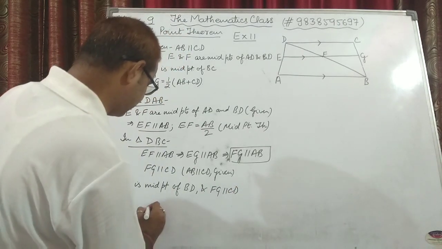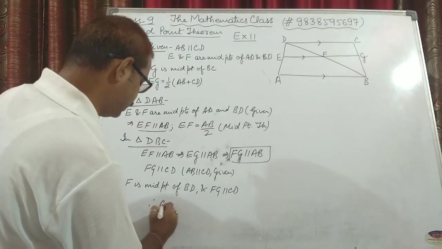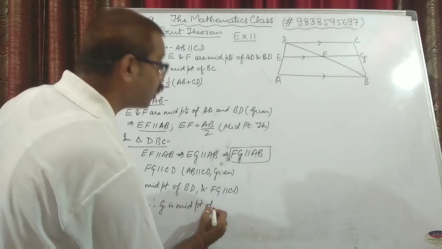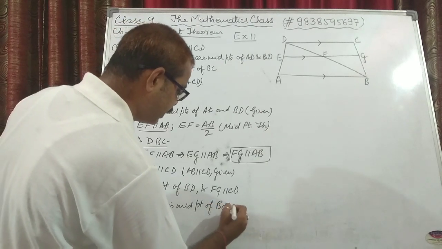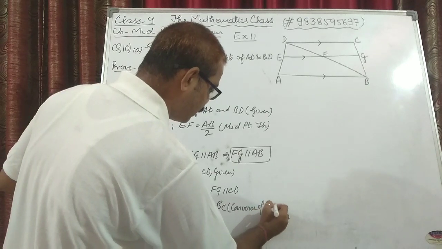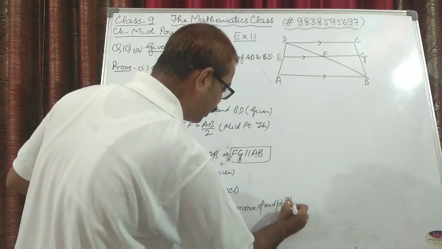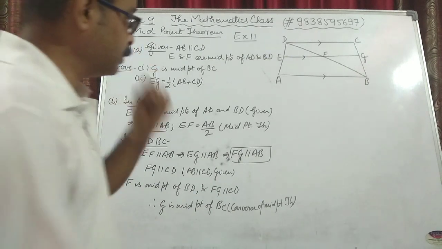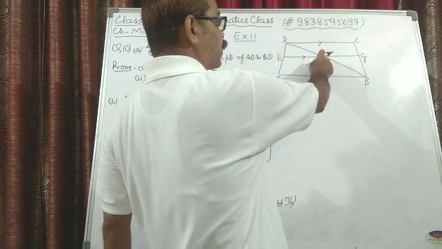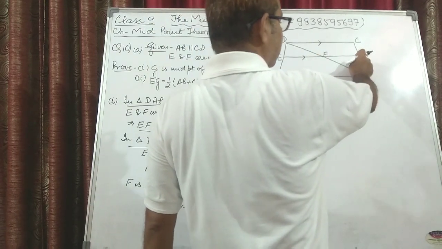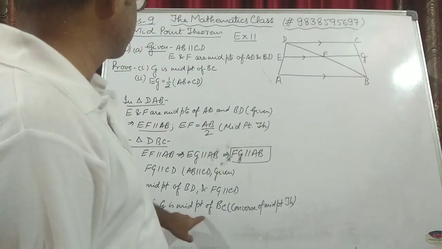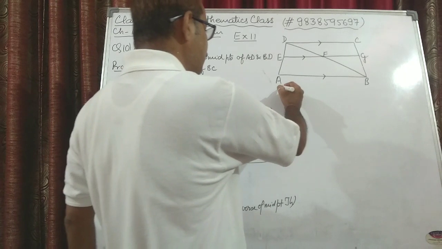Therefore, G is the midpoint of BC. Why? By the converse of the midpoint theorem: if a line is parallel to one side of a triangle and passes through the midpoint of another side, then it also passes through the midpoint of the third side. So we have proved that G is the midpoint of BC. The first part has been proved.